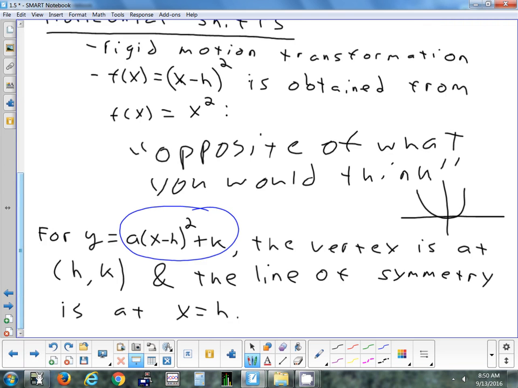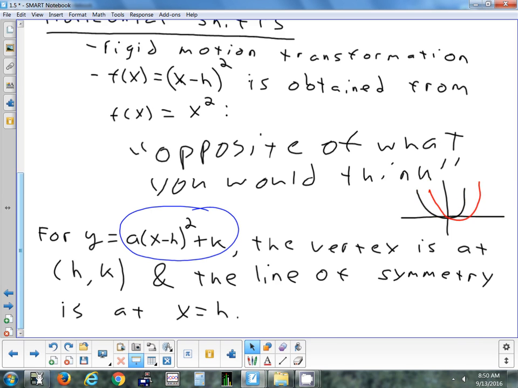Right. You could think of it as x minus negative 2. Whatever number comes after the minus sign, that's h. So what number comes after the minus sign here? Negative 2. That's h. So just be careful with the sign. It's the number after the minus sign.